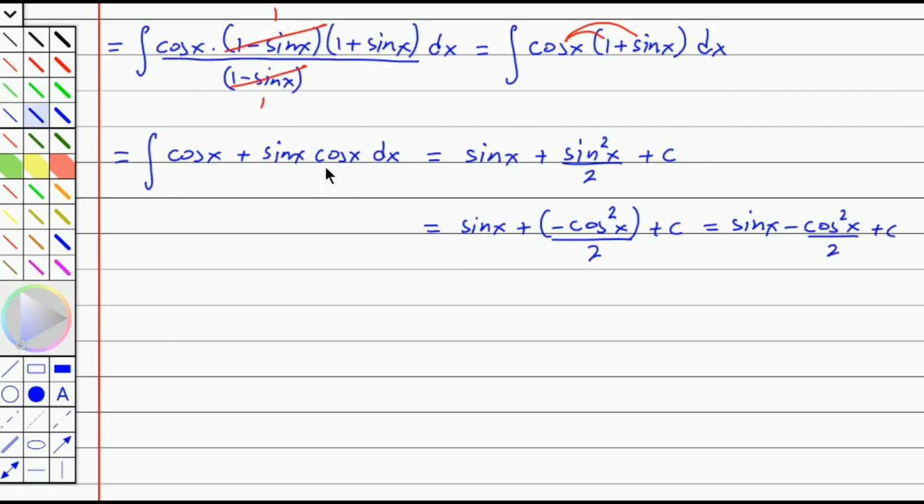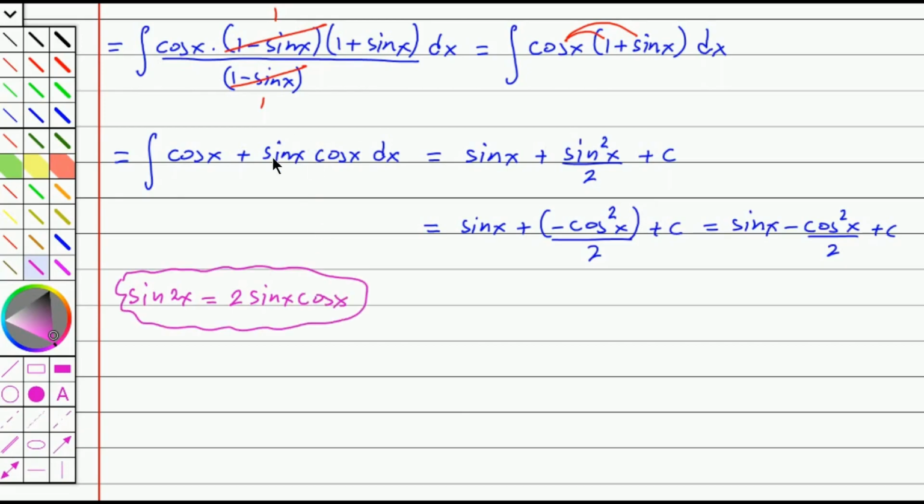Also, a third person may have an objection by treating this as 1/2 of sine of 2x. Let's remember that sine of 2x is 2 times sine x cosine x.